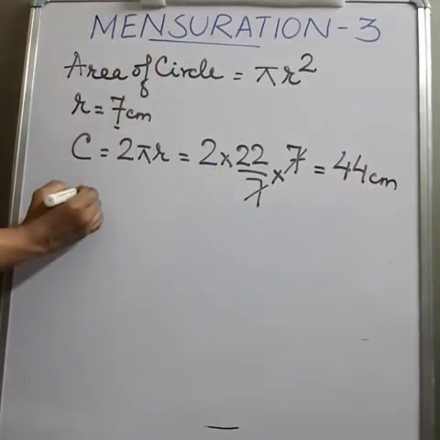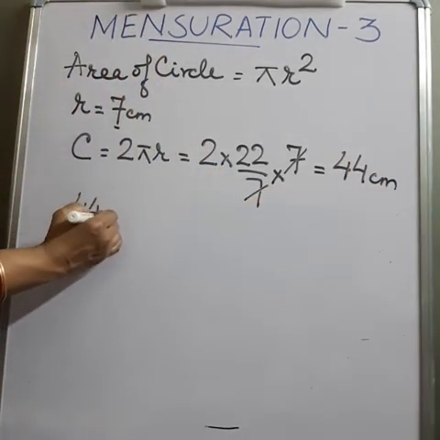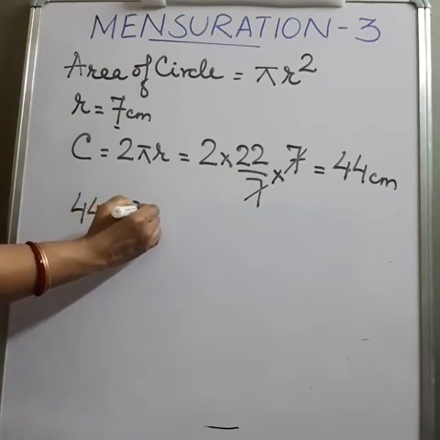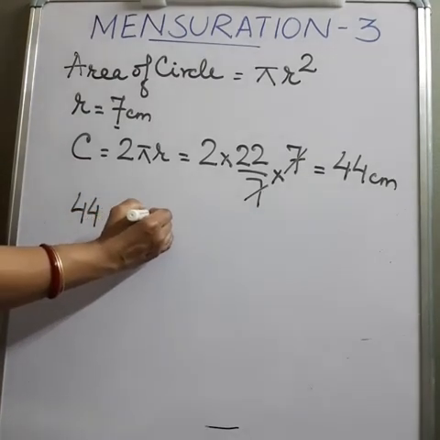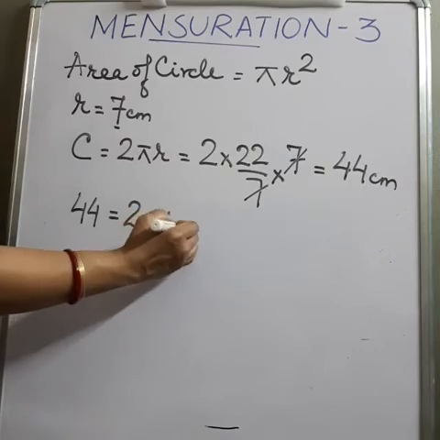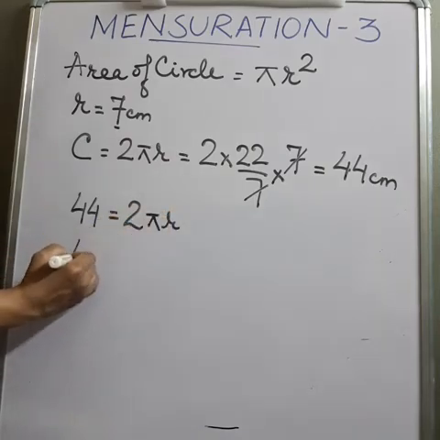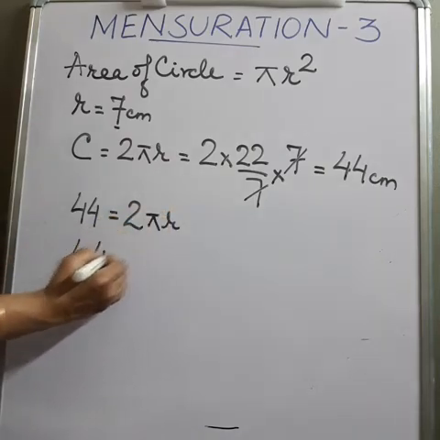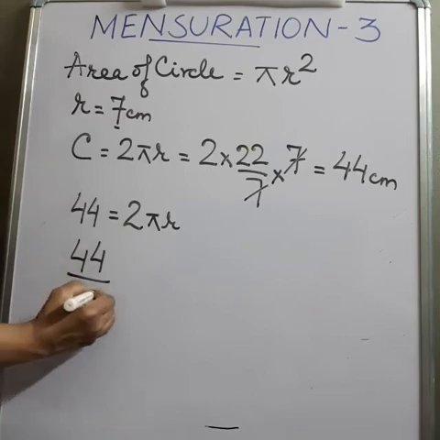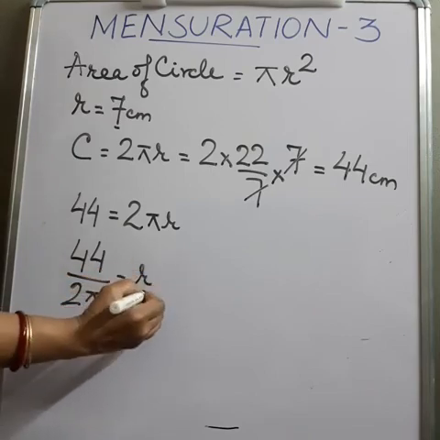Now take the circumference to be 44 centimeter, and if we have to find r, that means we have to divide 44 by 2 pi to find r.